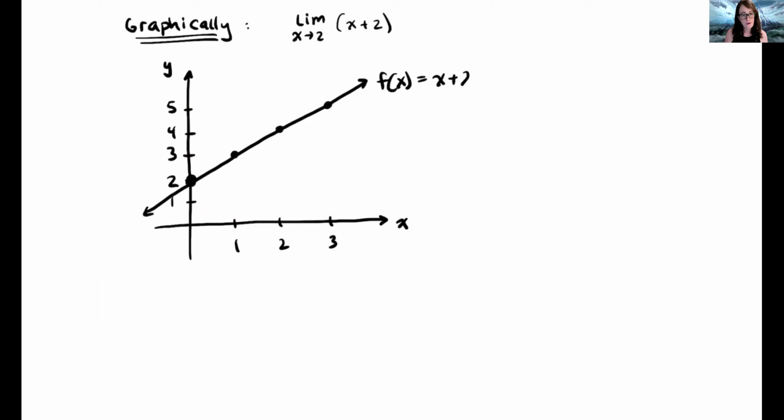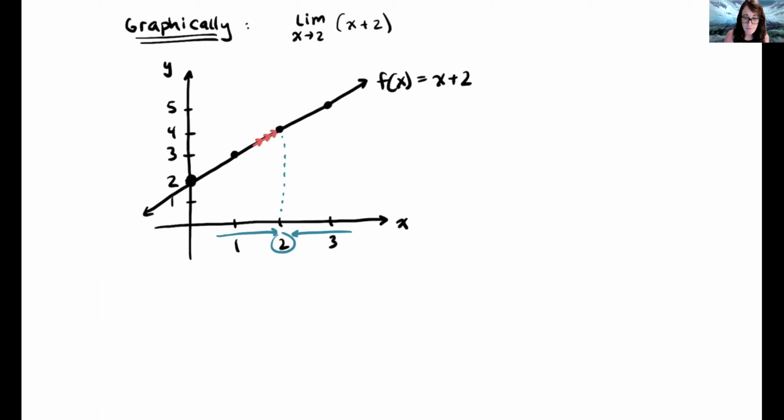Right, so what we are looking for, right, is on the x-axis, we are going to want to approach 2. Right, so we're heading towards an x value of 2. All right, so we're going to kind of march along the graph. Okay, so if we're going to approach 2 from this side with numbers that are less than 2, we're going to be like, all right, I'm going to go along the function here, and I'm going to see what the y values are doing.